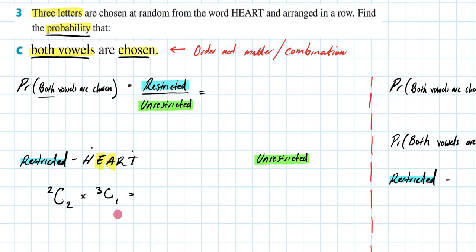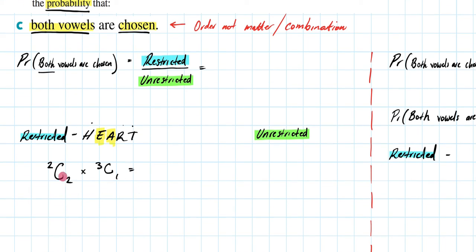So let's break this down and figure out what this is going to be. What is 2C2? This simply means I have E and A, and they need to fill both positions. I can immediately tell you this is going to equal 1, because my order doesn't matter, so it's simply E and A. And remember, A and E doesn't count as a second option, because the order doesn't matter here.